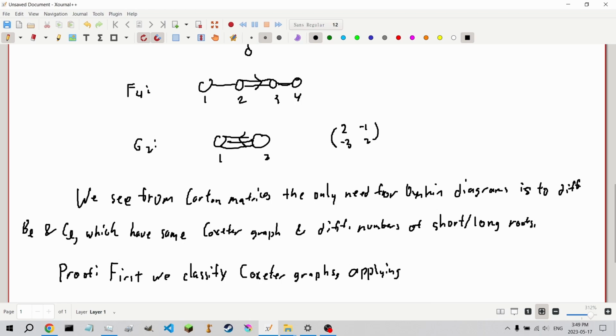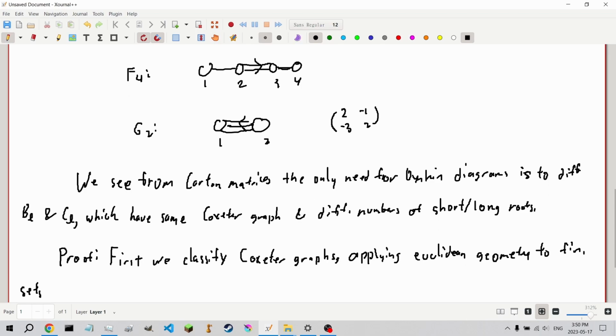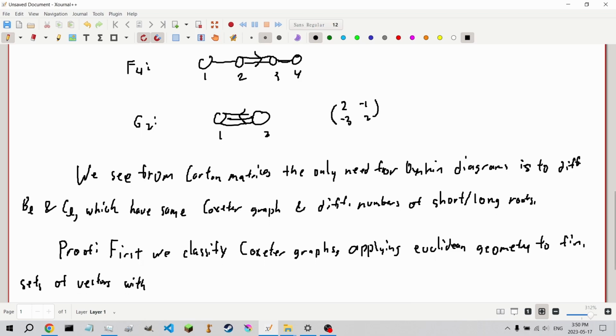Applying just Euclidean geometry to finite sets of vectors with the pairwise angles from the graph determined by the Coxeter graph, given the table we have seen before.